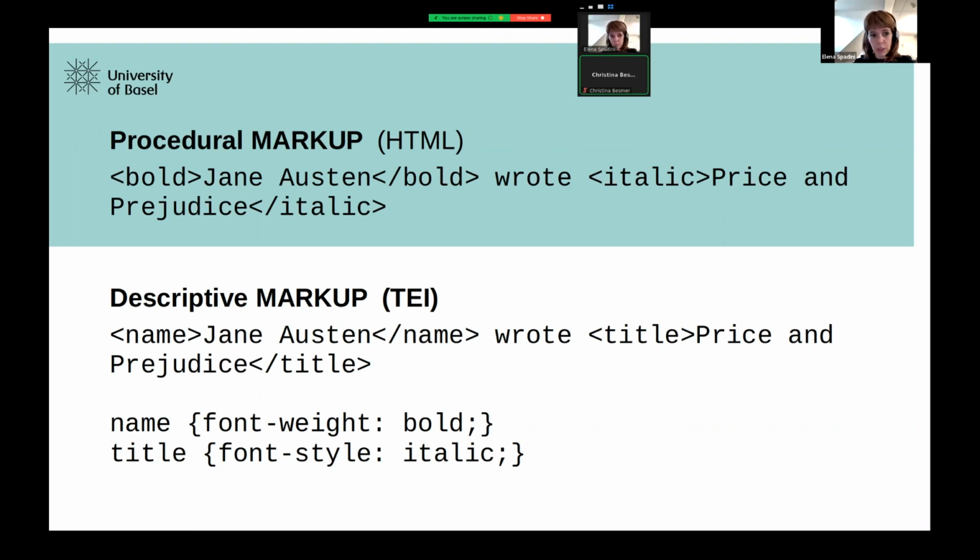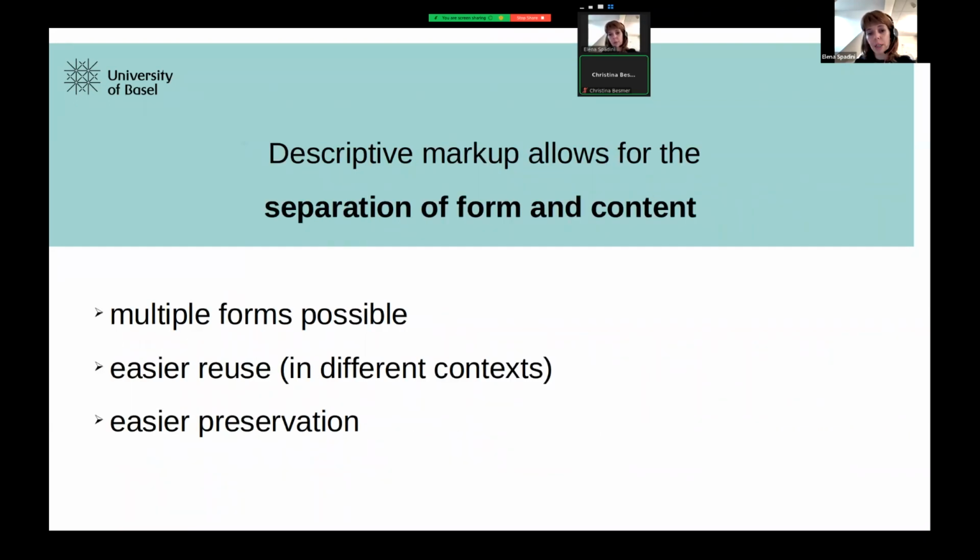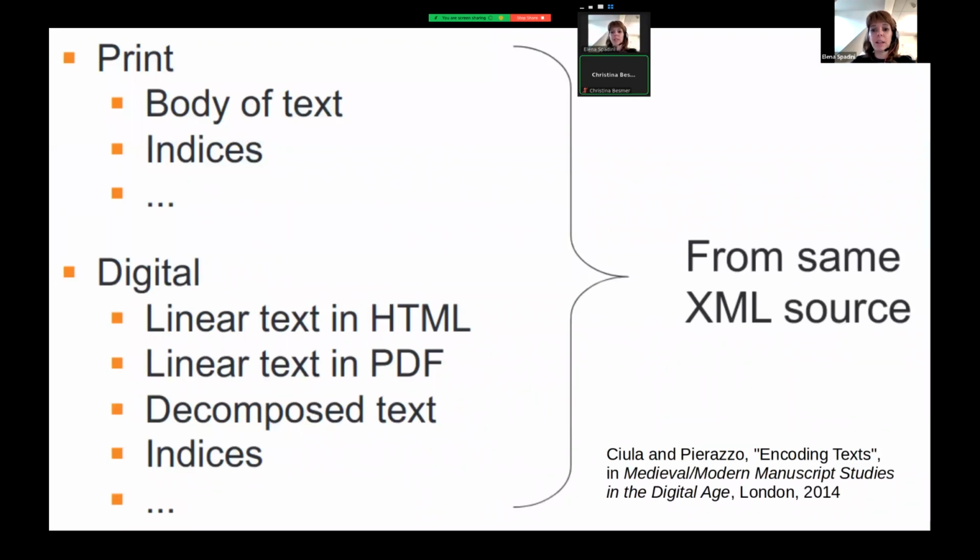So as you see, descriptive markup allows to separate form and content. And this is a very powerful mechanism because it allows to render the same source in multiple ways. For instance, from the same XML source, you can have multiple outputs.